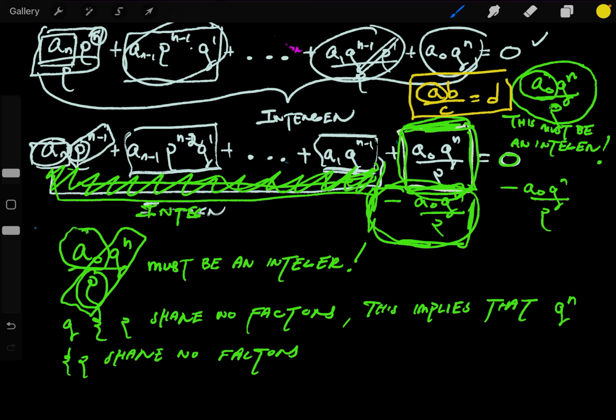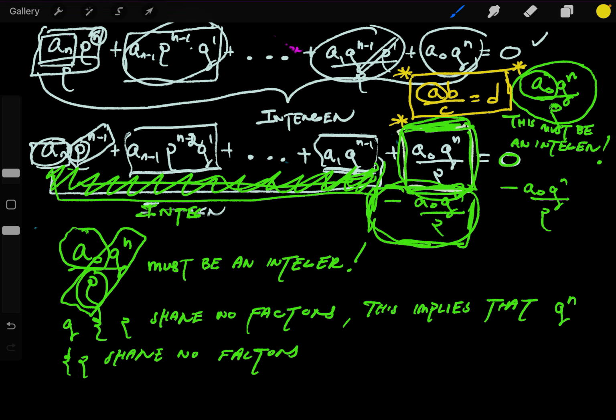I know that A times B over C is some integer D. I know that B does not have C as a factor. That forces C to be a factor of A. And we need to go through a little bit of convincing of this fact to yourself. Otherwise, it would be very difficult to see why this is true.